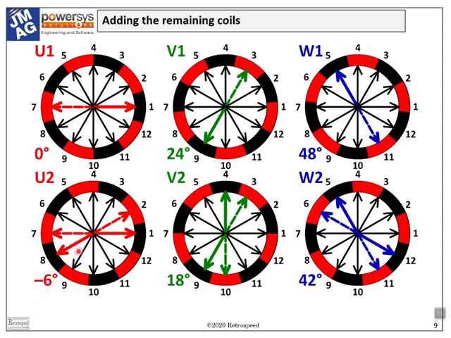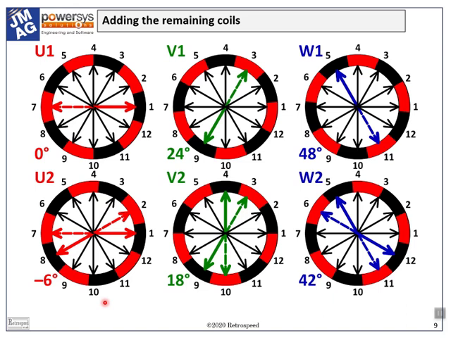So the series connection 8 minus 2 is in the same position relative to the magnets as the connection 1 minus 7 was, 6 mechanical degrees, or will be 6 mechanical degrees later. This one is later than this one. And that is 30 electrical degrees later.